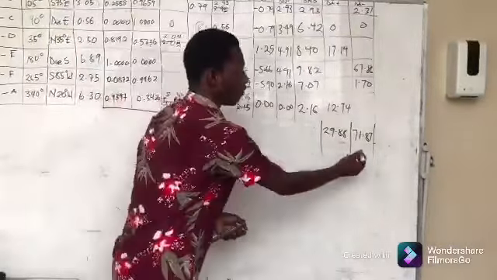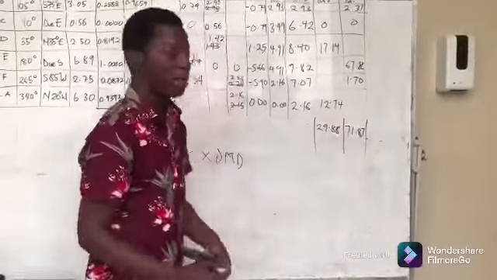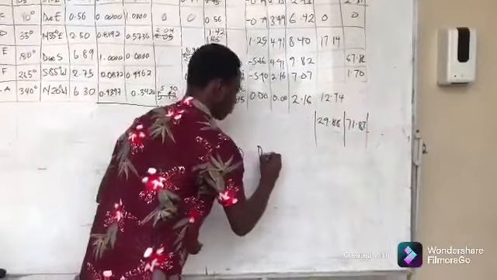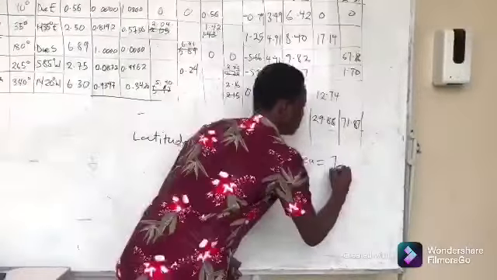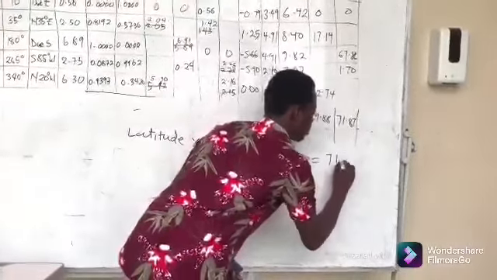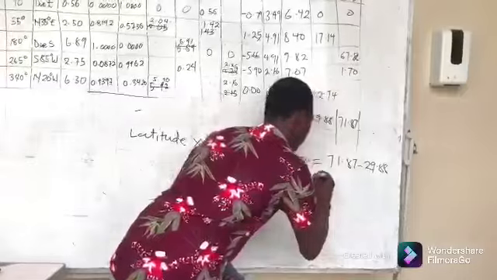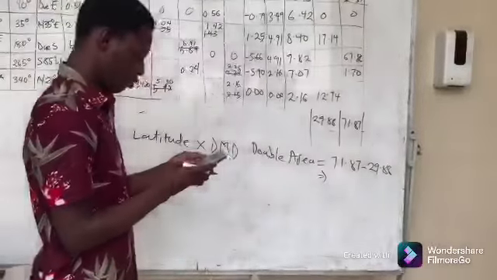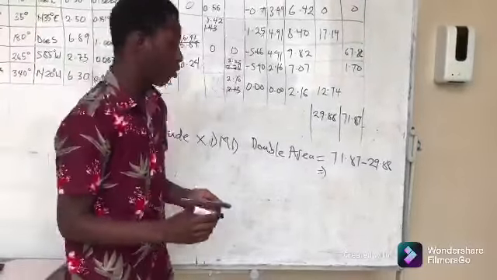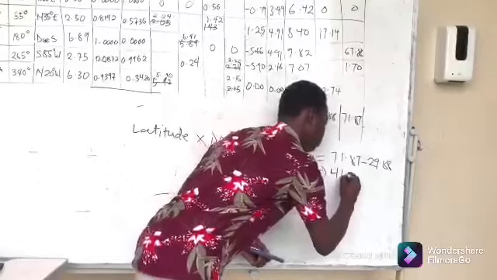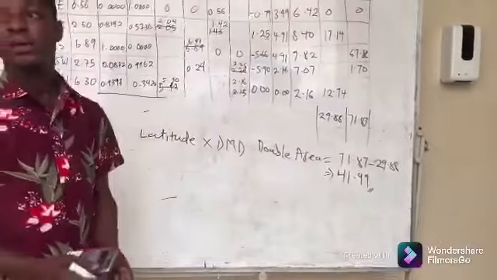So right now I have to find the difference. I have to subtract the smaller value from the bigger value. So double area is equal to 71.87 minus 29.88, which should give me 41.99. But I have to leave my answer in a single area.